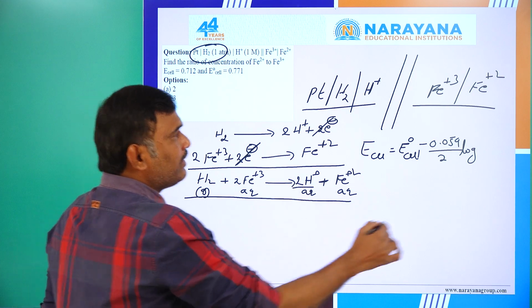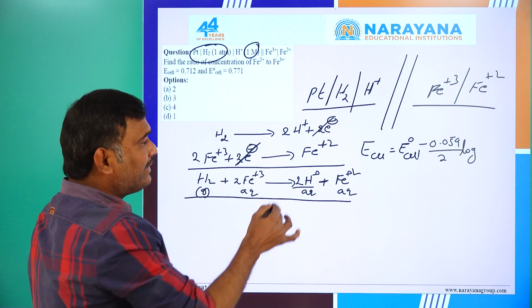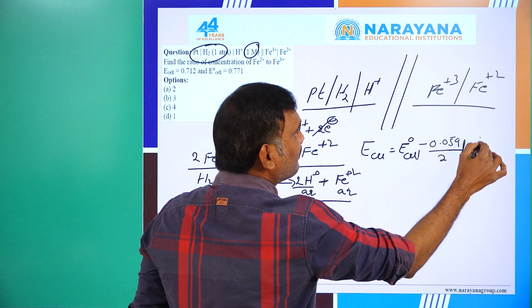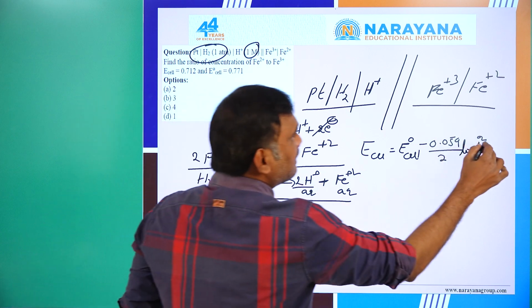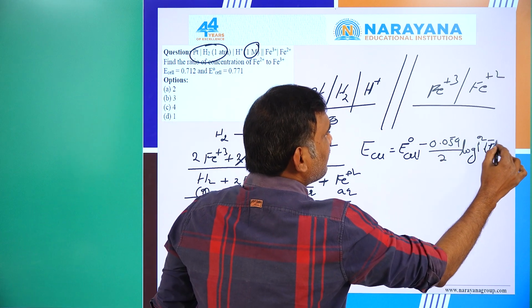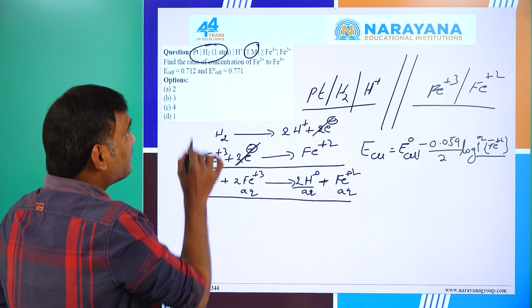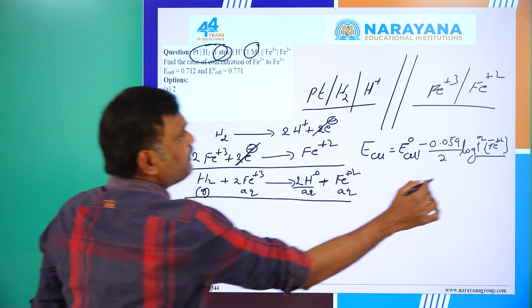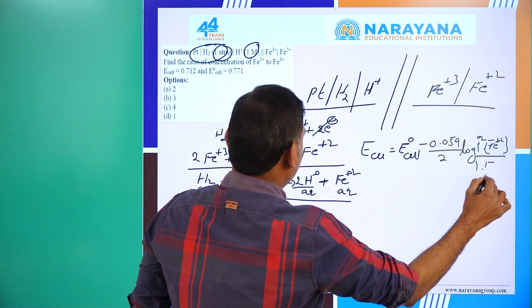Product is H plus whole square. H plus concentration is 1 M, so 1 whole square needs no consideration, into Fe+2 concentration squared, by the pressure of hydrogen, given as 1 atmosphere, into Fe+3 whole square.